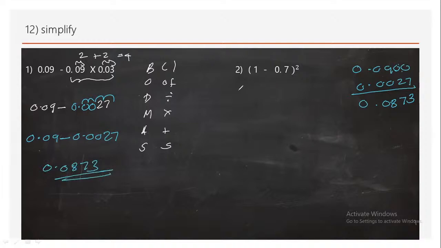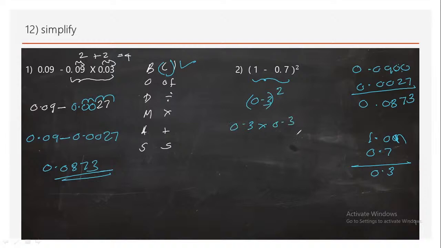And now look at this. First, you have to do the bracket simplification inside the bracket. 1 minus 0.7. This 0 no need. 10 subtract 7, that is 3, 0.3. Right? 0.3 squared. It means 0.3 times 0.3. 3 times 3, you can multiply it and write the answer here, but this is not the answer.